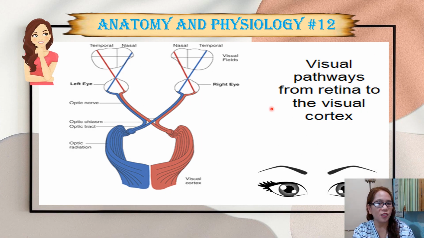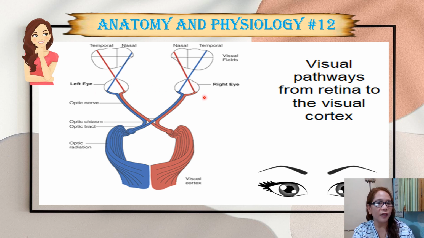Okay, so this is just another image of the visual pathways from retina to the visual cortex, no? Kung ano yung nangyayari. Kasi kanina, nag-stop lang tayo hanggang dito sa retina. So, may mga optic nerve ka dyan. Okay, the visual cortex is actually the primary cortical region of the brain that receives, integrates, and processes the visual information relayed from the retina.